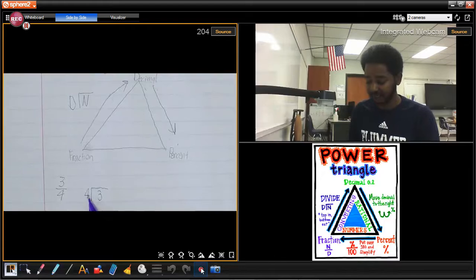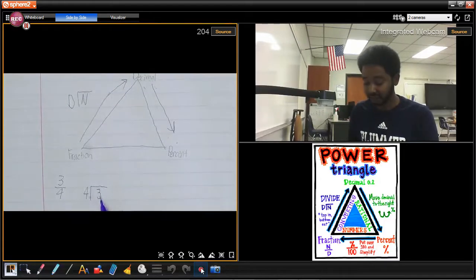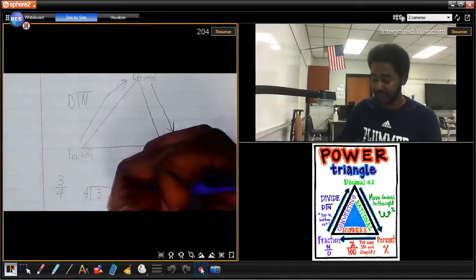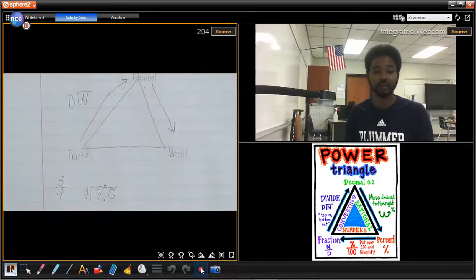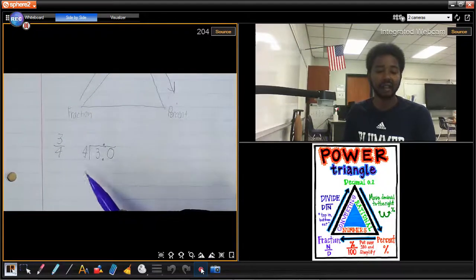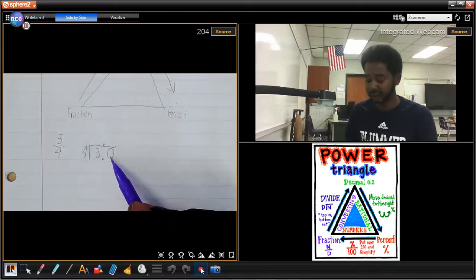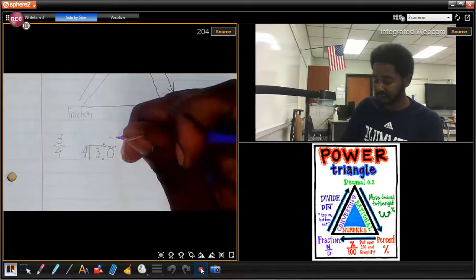Of course, I cannot divide 4 into 3, so I have to add a placeholder 0 and the decimal and raise it up. Now I can divide 4 into 30. That's 7 times.